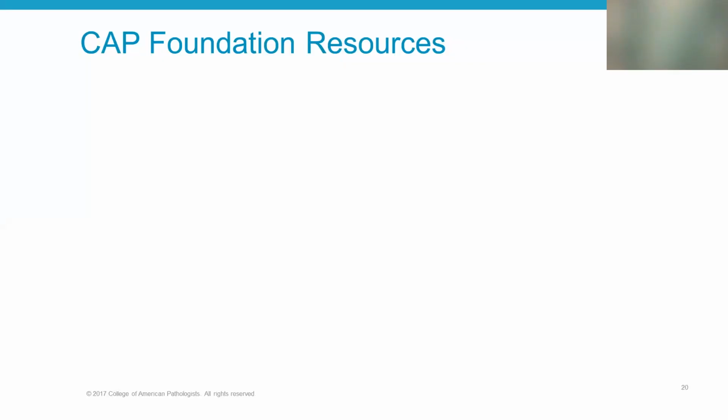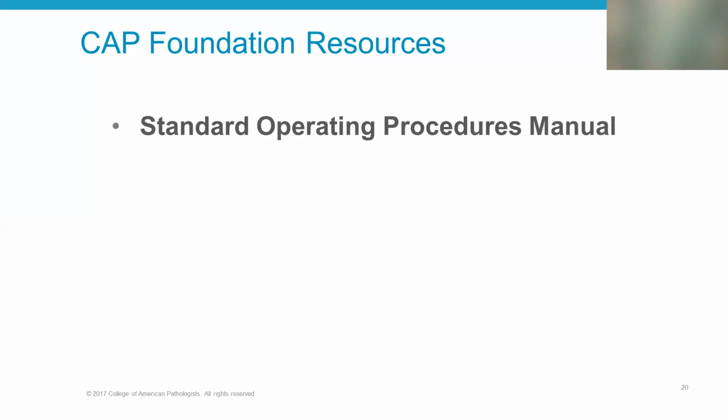The CAP Foundation provides support and direction to individuals and organizations involved in the planning and execution of a C-Test and Treat program through many channels. The program's standard operating procedure manual provides a baseline standard for planning, execution, and follow-up that applies to any C-Test and Treat program.